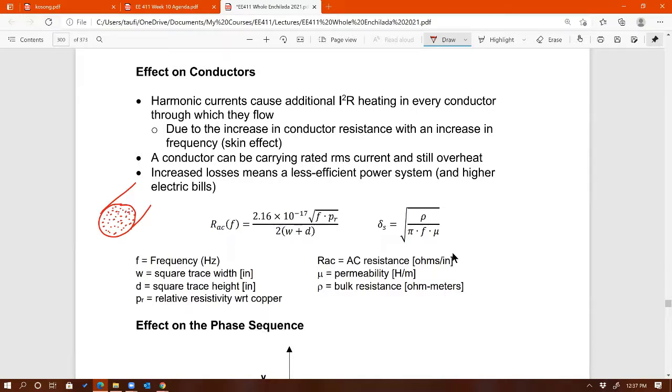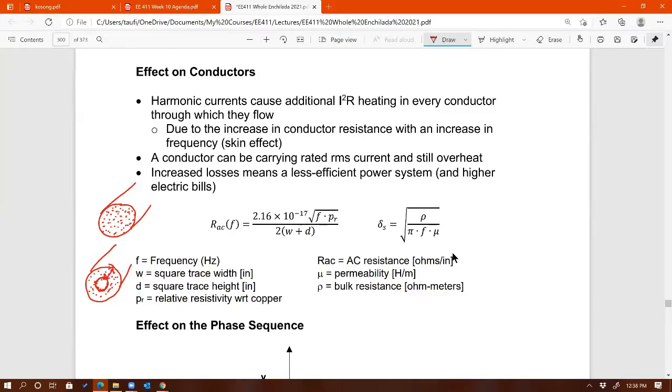If it's AC, then we have the skin effect, where electrons are pushed away from the center of the wire, creating a halo effect. The electrons populate everything else but the center, so the center is basically empty. No current flows into the center of the wire. That's the skin depth right there.